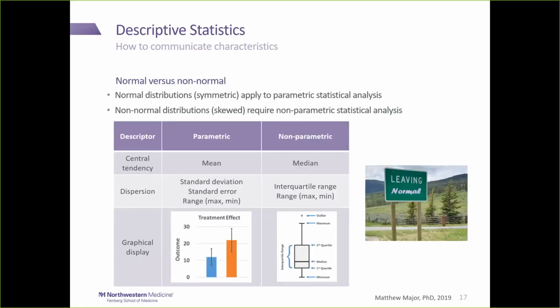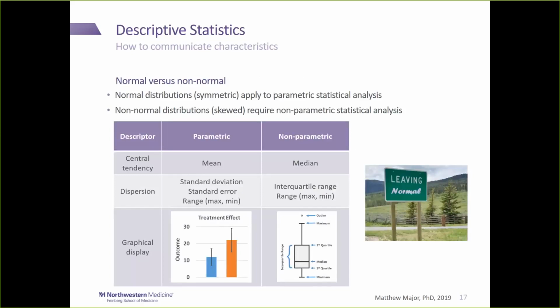So just an example here. If we're trying to describe characteristics of a data set, if I'm using parametric analyses, I need to describe the mean or the central tendency, and that dispersion is then characterized with the standard deviation, the standard error, or the range. And again, a graphical display would look like something on the bottom there, as I mentioned before.